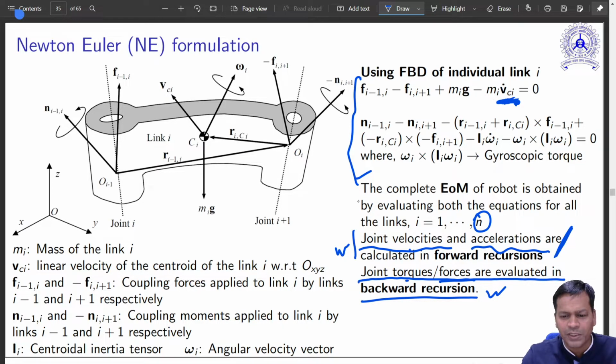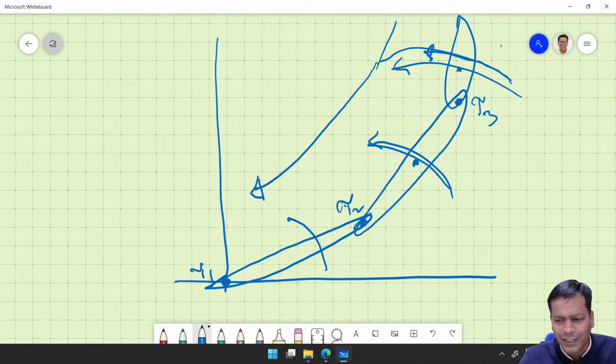Now this equation is complete. Now you do backward recursion, because you start attacking with the last link first. This has got the least number of variables. Now that you know the velocity and acceleration of this, you calculate the torque.